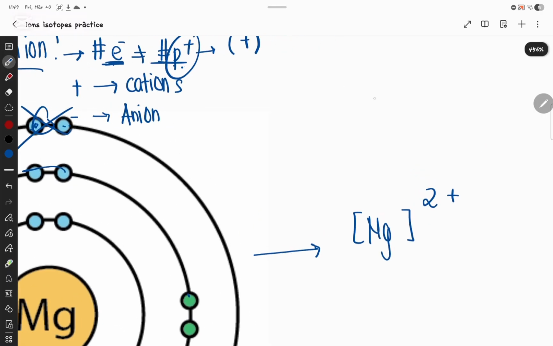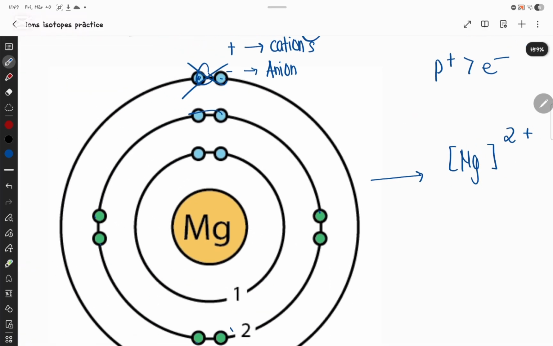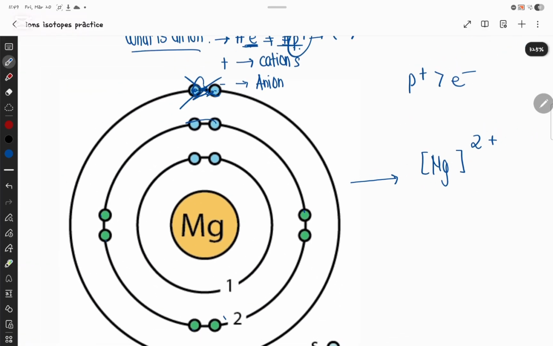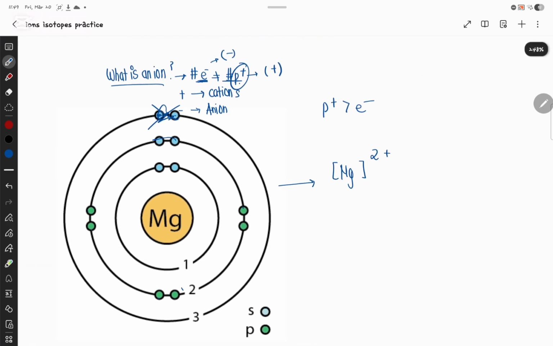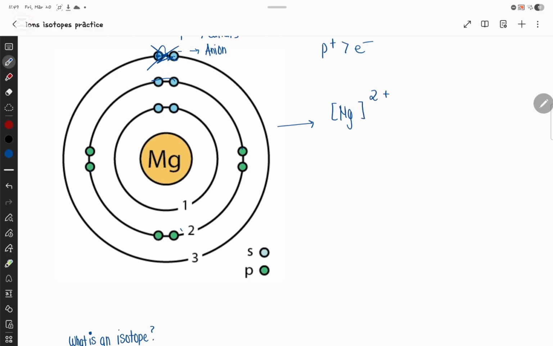Now we have more protons than electrons in this magnesium atom, because we literally lost 2 electrons. We still have the same amount of protons, but we lost 2 electrons, so we have more protons than electrons, and therefore a positive charge. And we lost 2, so we have a positive 2 charge. That is how you determine the charge for an ion.